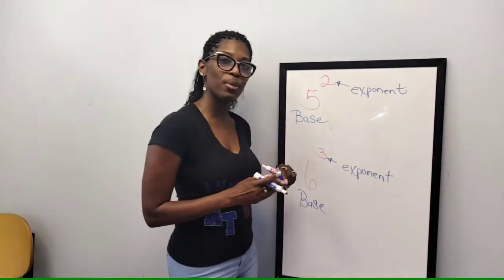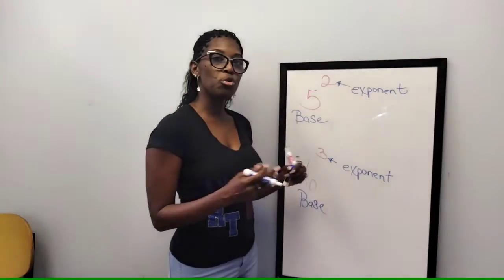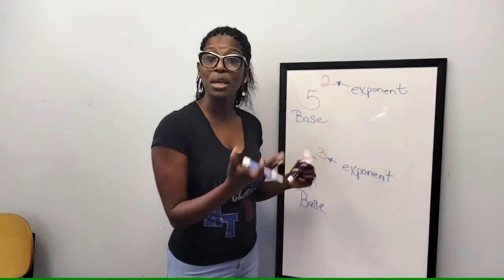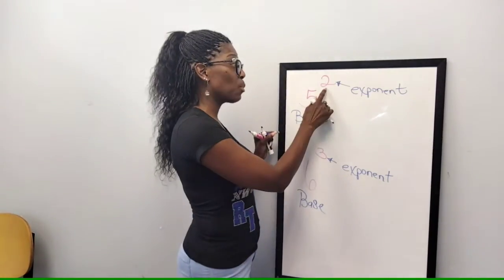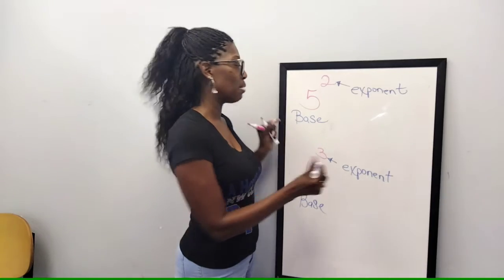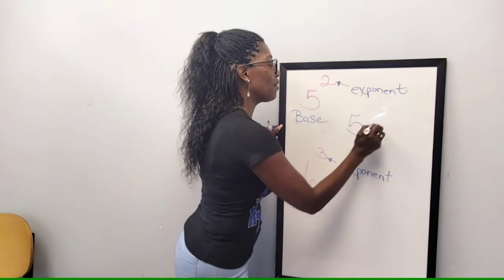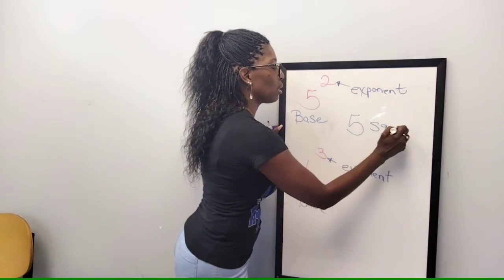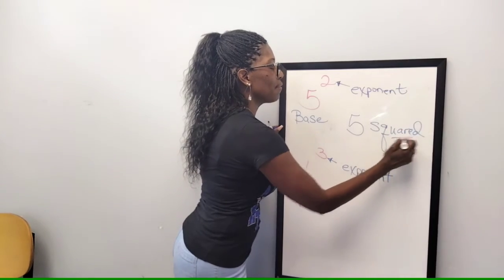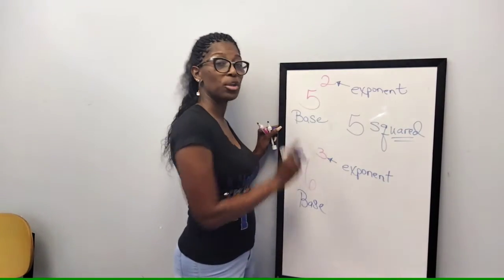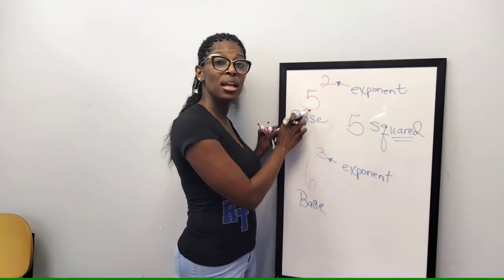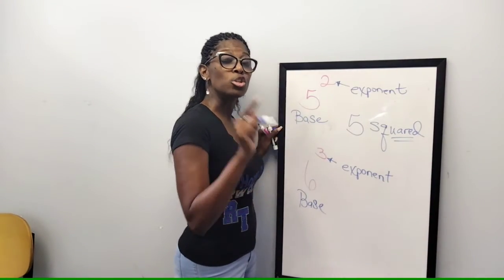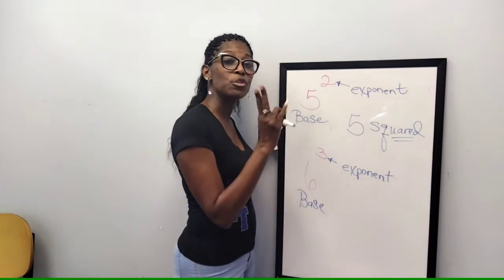Remember what I told you about the special names. I'm sure you all remember 5 to the second power, where the exponent 2 has a sophisticated name. It will be 5 squared. 5 squared is the way you read that. It's telling you how many times to multiply the base of 5 by itself.